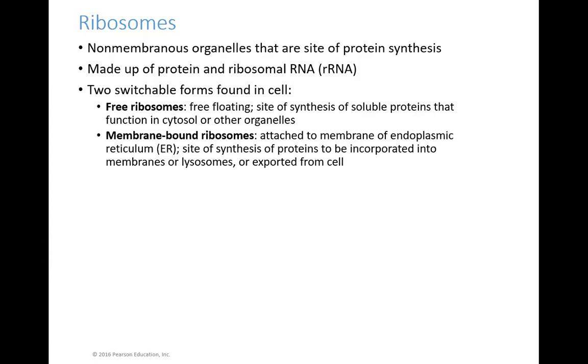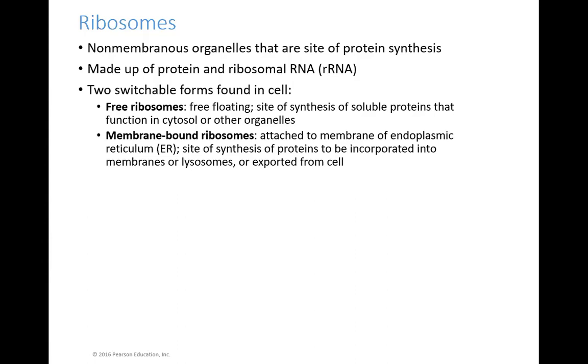There are 2 types of ribosomes. Most of them are bound to what we call the endoplasmic reticulum, a series of tubes that surround the nucleus, and it's studded with millions of ribosomes, so many that we call it the rough endoplasmic reticulum because it has all these little bumps on there. This is where we make most of our proteins.